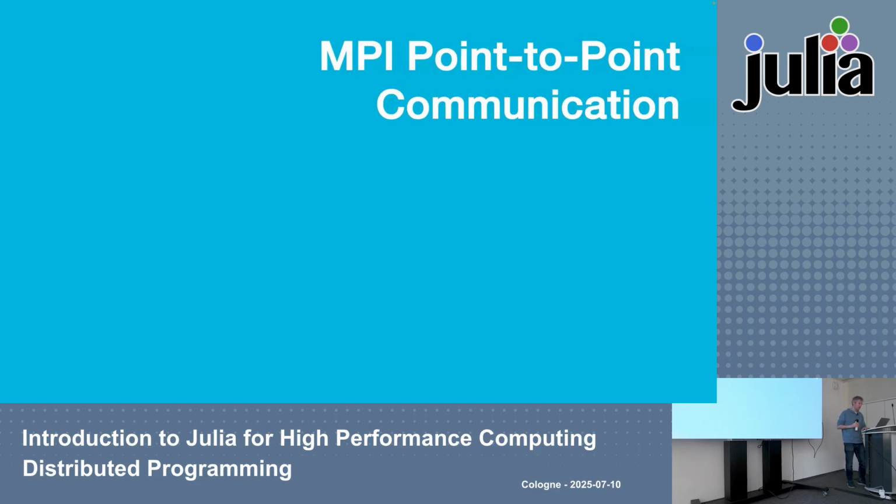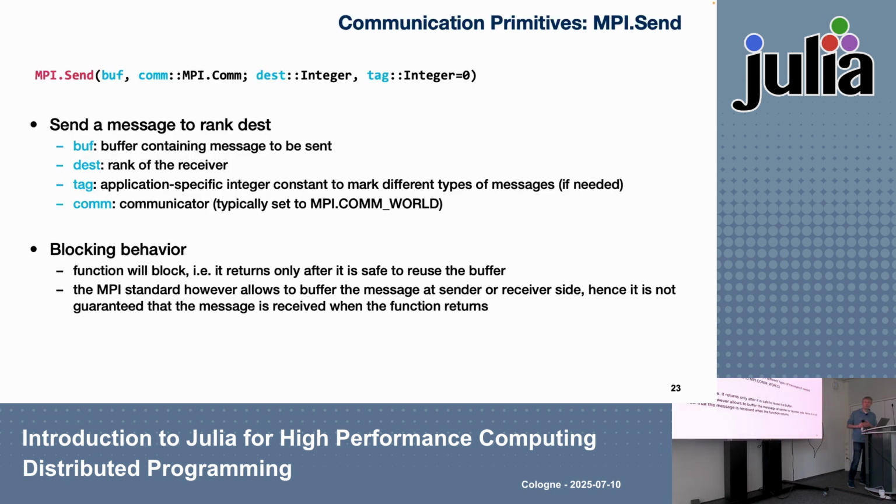Let's take a look at what kind of communication can be done. So first is point-to-point communication. And here we have the MPI send function. And as we've seen, we have to give it some data and tell it in what group we want to act.